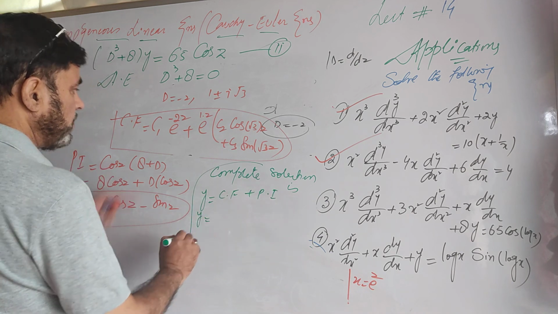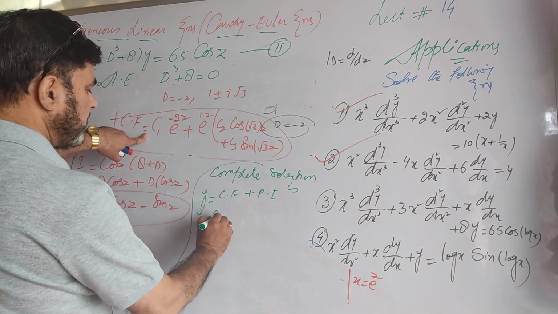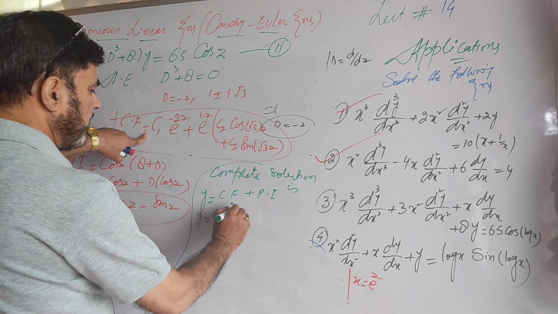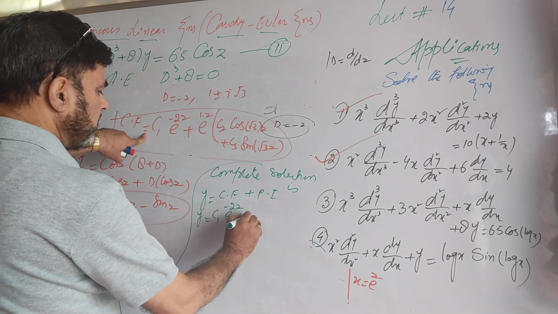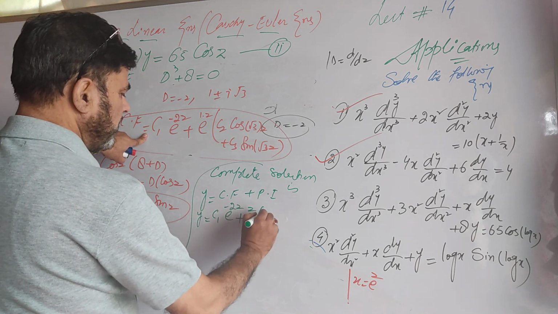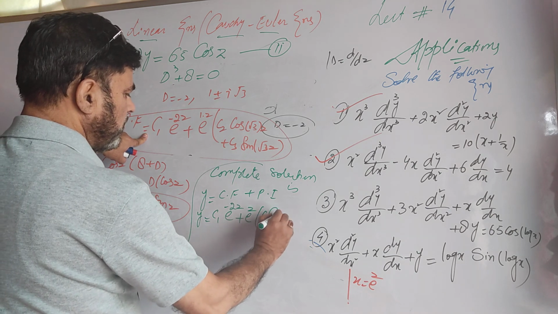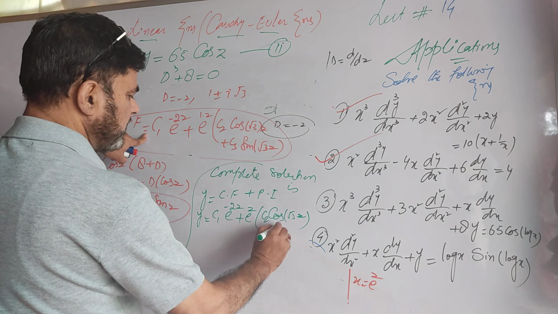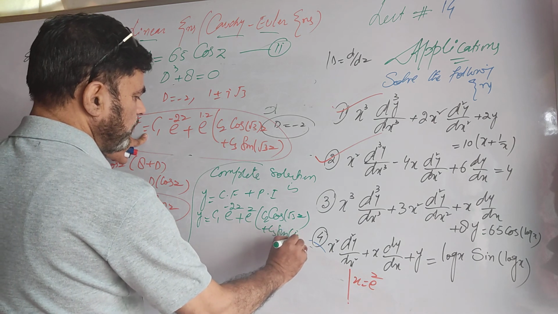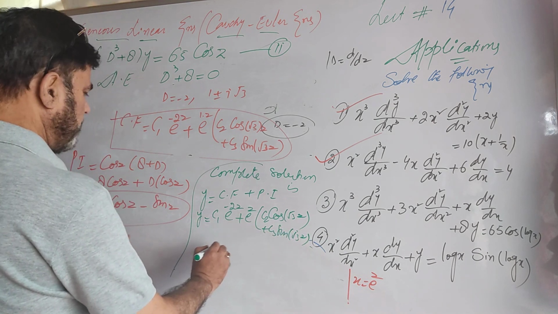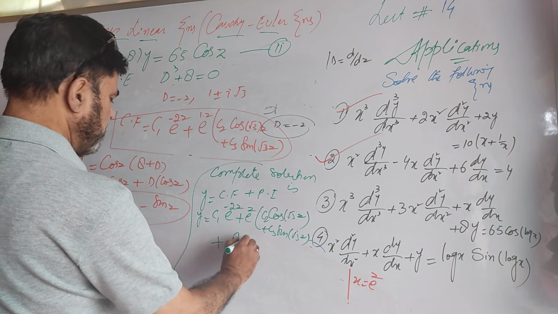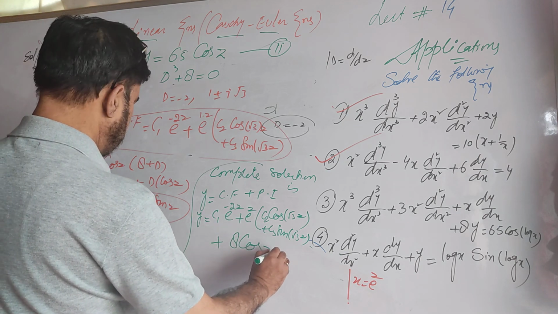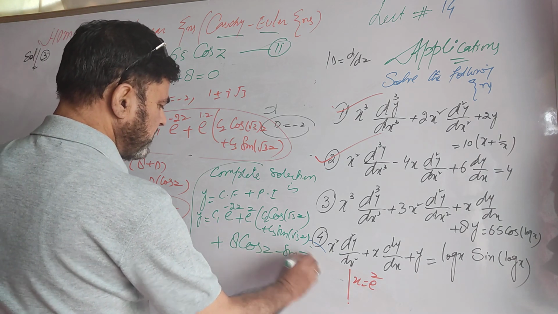It is y equal to c1 e raised to the power minus 2z plus e raised to the power z, c2 cos of root 3 z plus c3 sin of root 3 z, then plus the particular integral 8 cos z minus sin z.